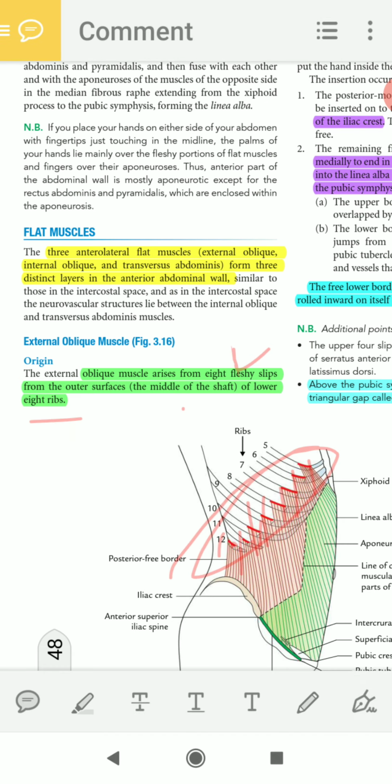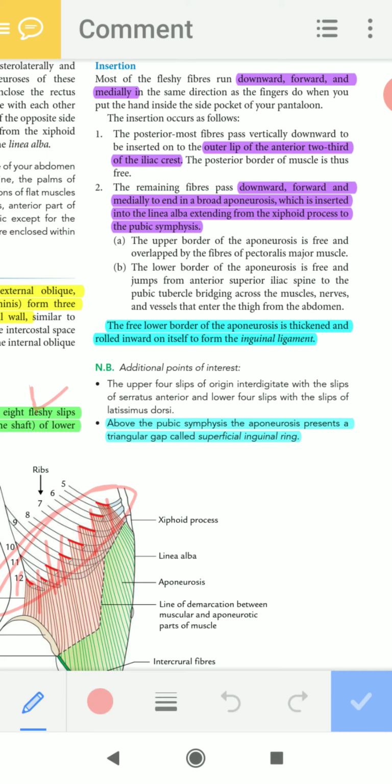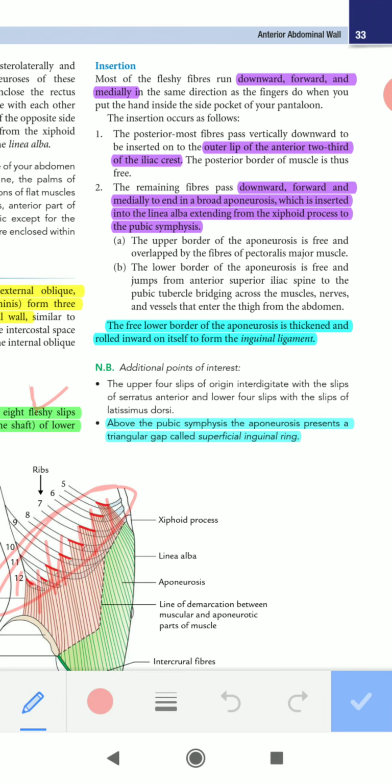Insertion. It goes downward, forward, and medially. The direction is very important for the fibers. It goes downward, forward, and medially, and ultimately is inserted into the outer lip of the anterior two-thirds of the iliac crest, and ultimately forms an aponeurosis and is inserted into the linea alba.